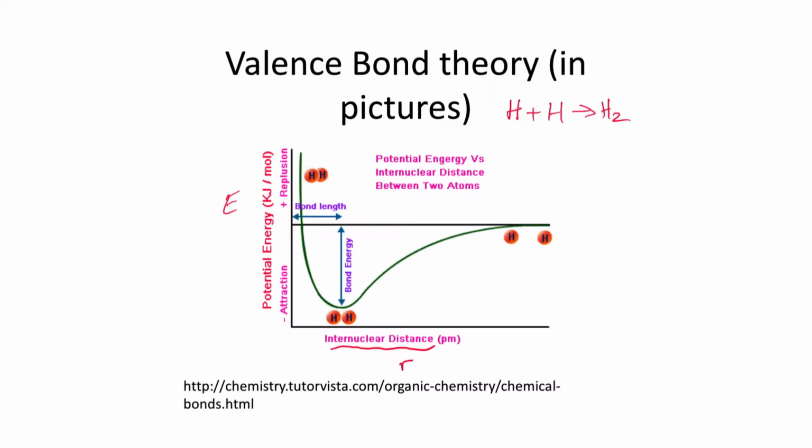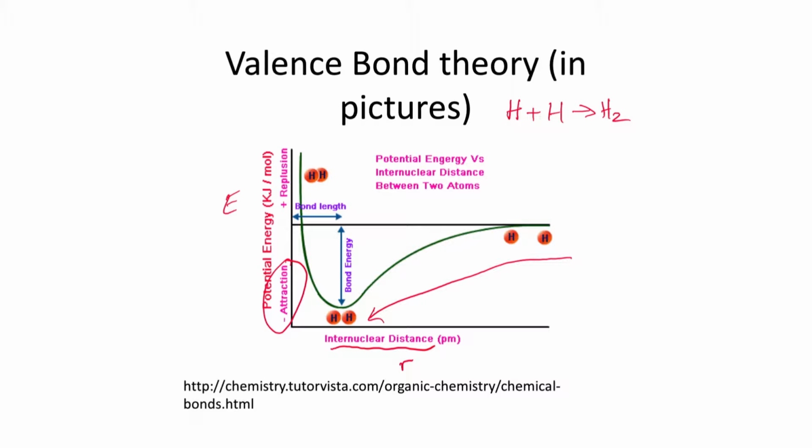Why? Because the proton of one, the nucleus of one, is attracted to the electron cloud, the electrons on the other, and it kind of draws them closer together. Okay, and so as I go this way, as the distance between them decreases, they get more and more attracted to each other, and the energy between them decreases. Okay, so all of this represents attractions.